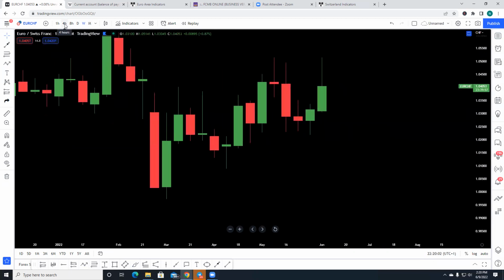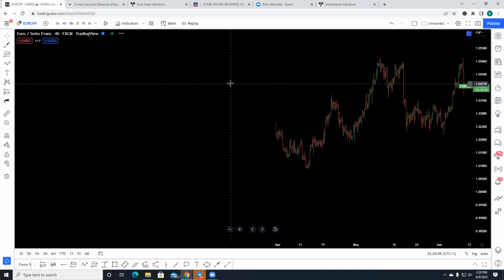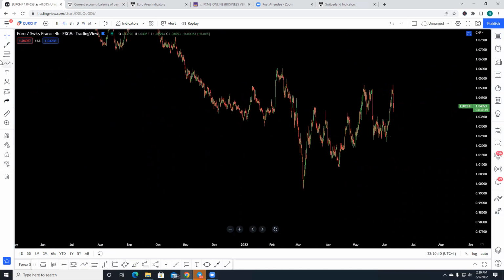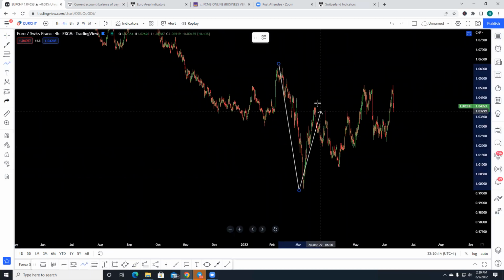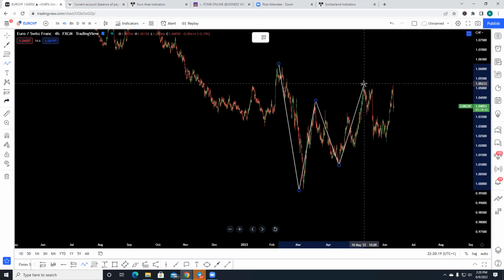Now, Euro CHF rather. So if you go to 4 hours time frame, guys, you will see that we are getting closer and closer to the analysis. Then you have this move to the downside. You have 1, you have A, B, and C, because C cannot be 3 waves in a flat, and it cannot be 3 waves in a zigzag.